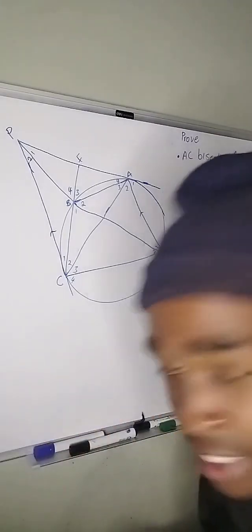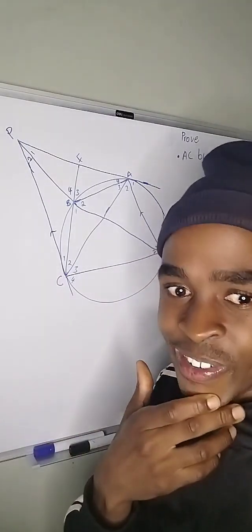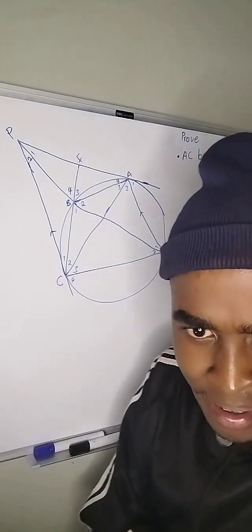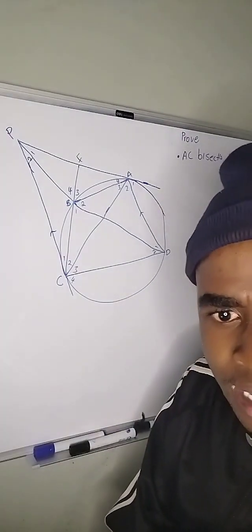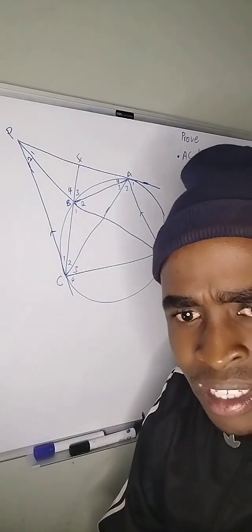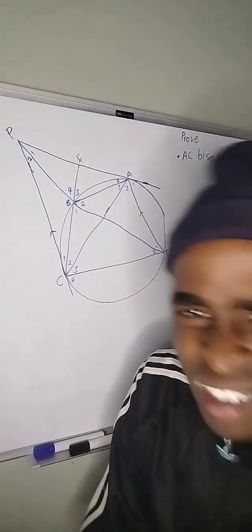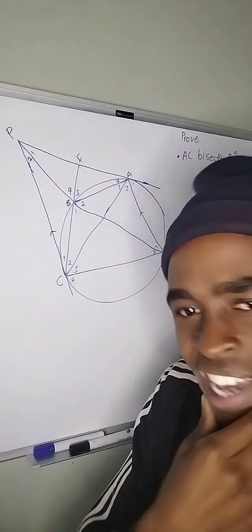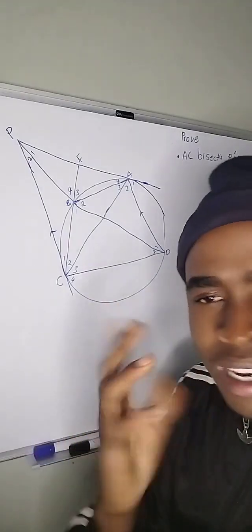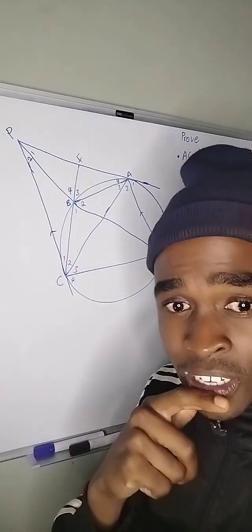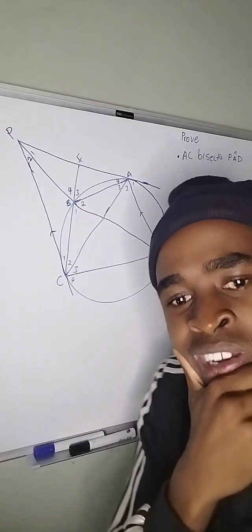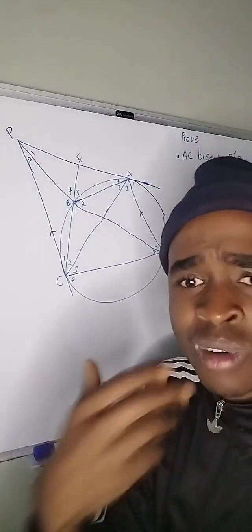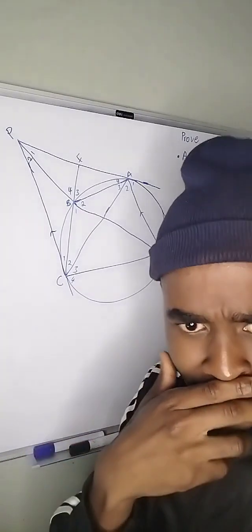I see you, my friend. PC and PA, tangents from the same point. No, not yet. You see the theorem, but not yet. I want us to come up with something.